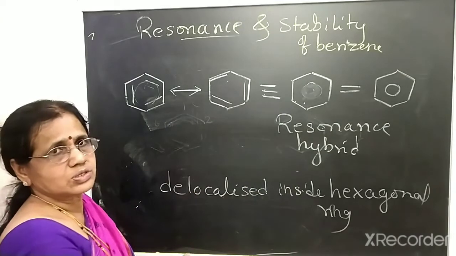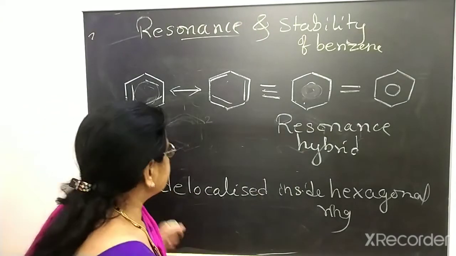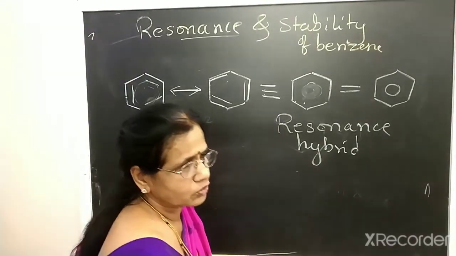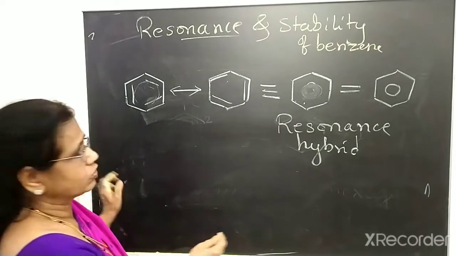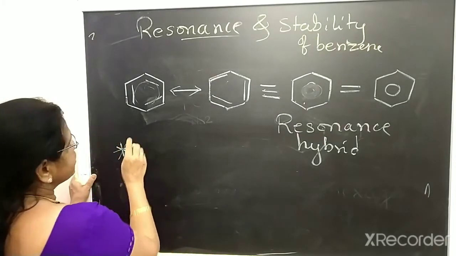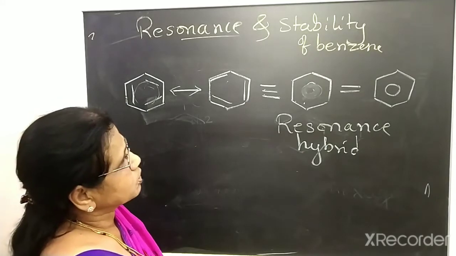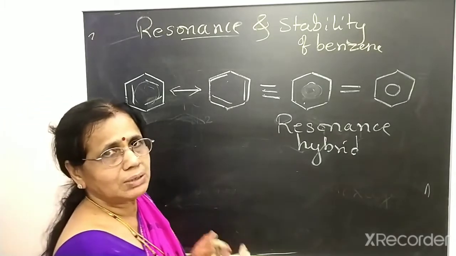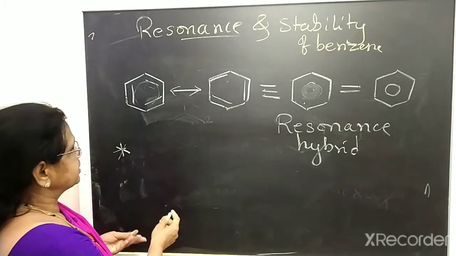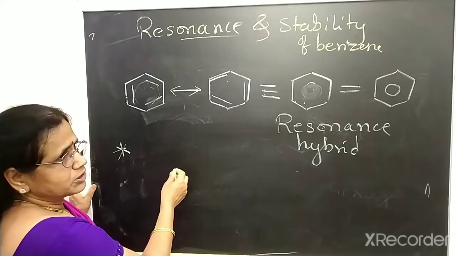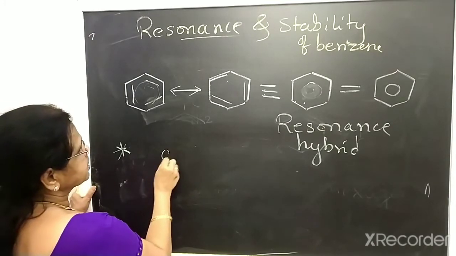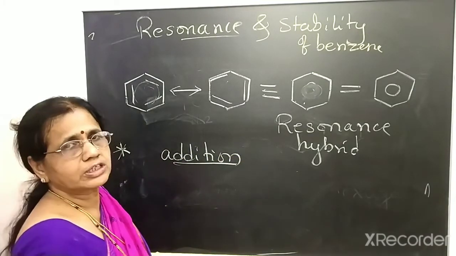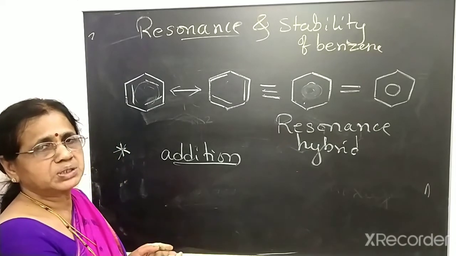They are delocalized. But there are limitations of the Kekule structure of the benzene. It was given by Kekule, and there are 2 limitations. According to Kekule, benzene contains 3 double bonds. Double bonds indicate that benzene should undergo addition reactions, because you know that unsaturated compounds which have a double bond or triple bond always undergo addition reactions.